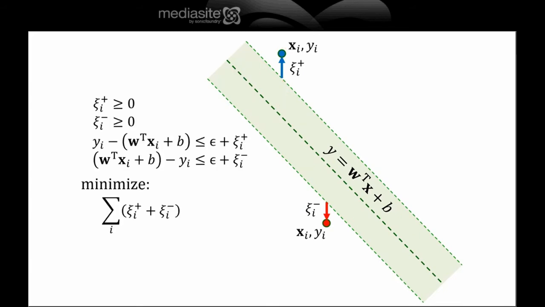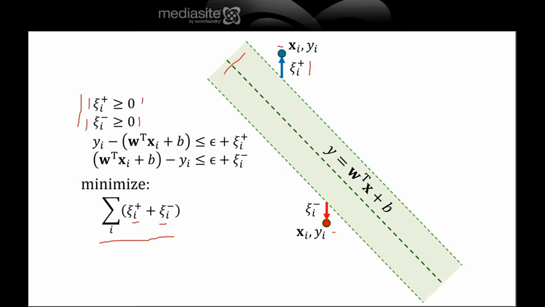So let's set up our constraints. For these kinds of points, this is the error zeta i plus, these points which lie on top of our tolerance zone, and zeta i plus is greater than or equal to 0. And for points that lie below the tolerance zone, we have another set of errors, zeta i minus, greater than or equal to 0. So these are the errors, and we want to minimize all the errors. We don't have to take the absolute values because we know that zeta i plus and zeta i minus are both greater than or equal to 0.